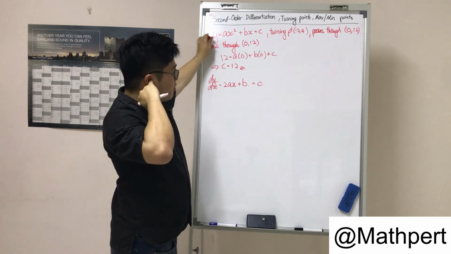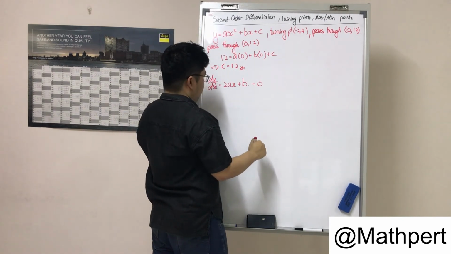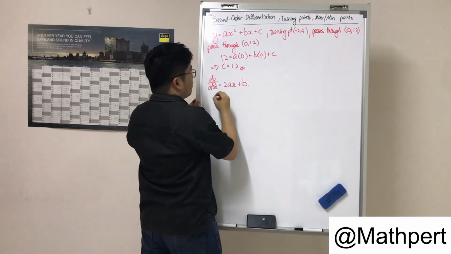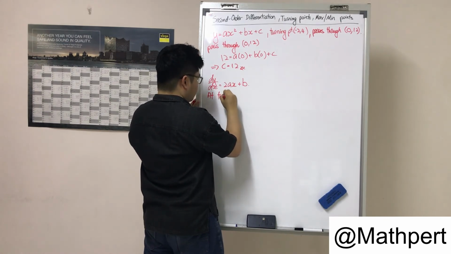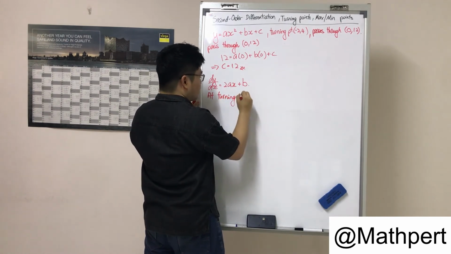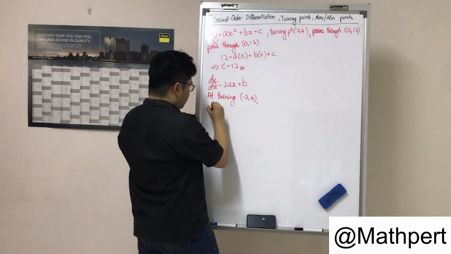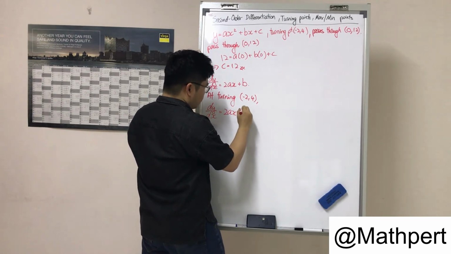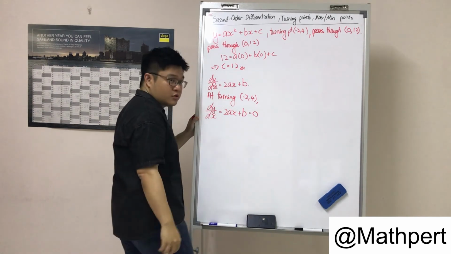Right? Turning point. So write this way. So at turning point minus 2, 4, dy/dx equals 2ax plus b equals 0.